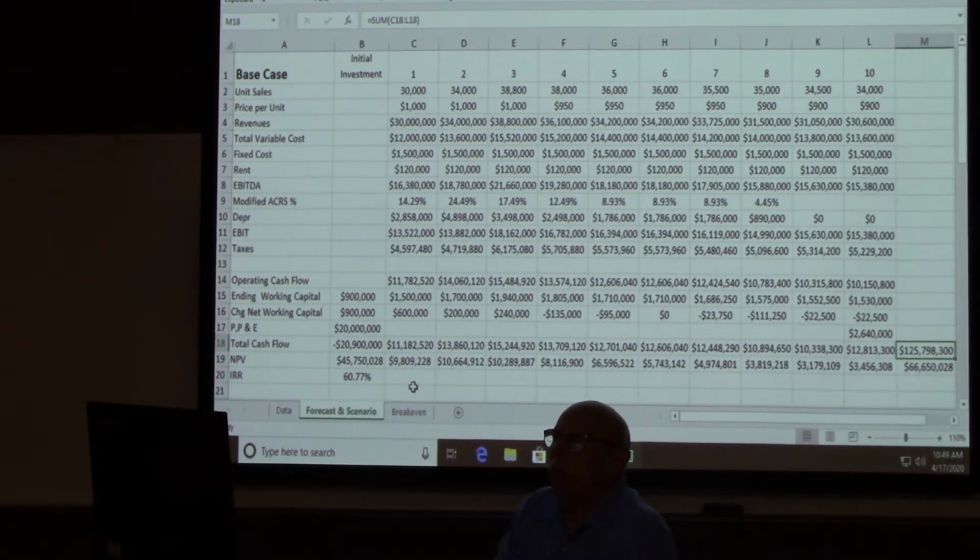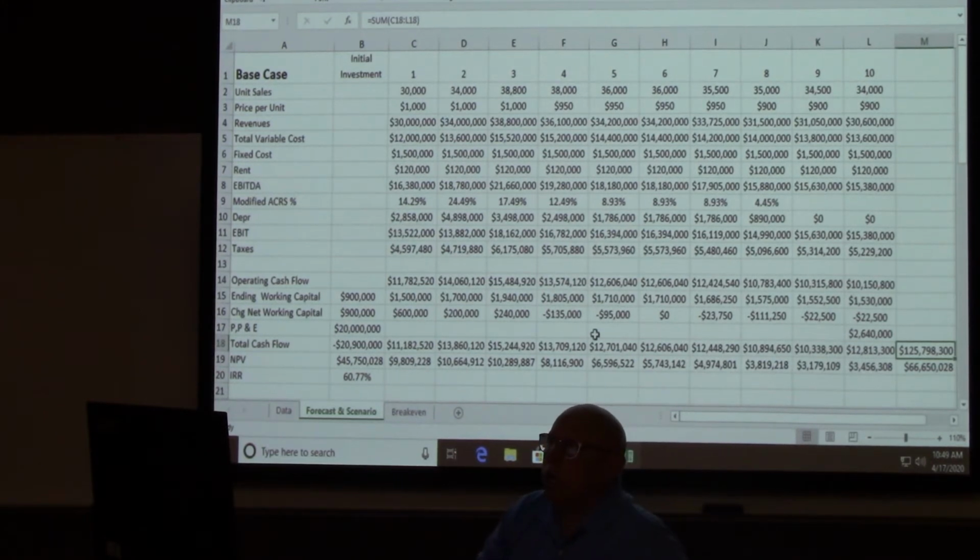So in this particular case, what we need to study would be the unit sales, the unit price, not the revenues, I'm sorry, and then the variable cost. So let's take a look at that. You know, I am more concerned about the downside than I am the upside.